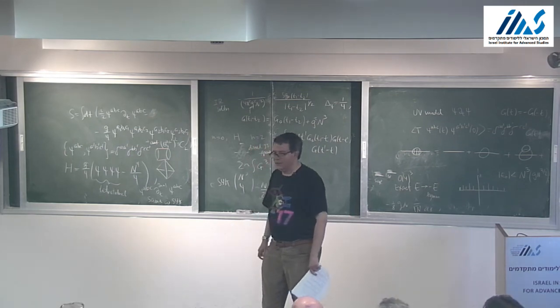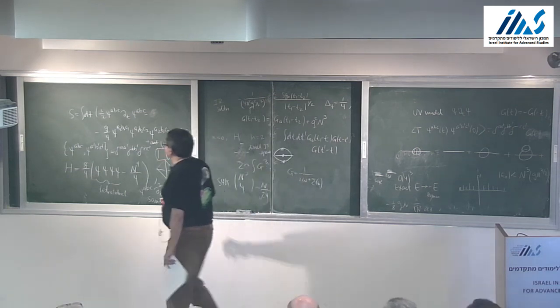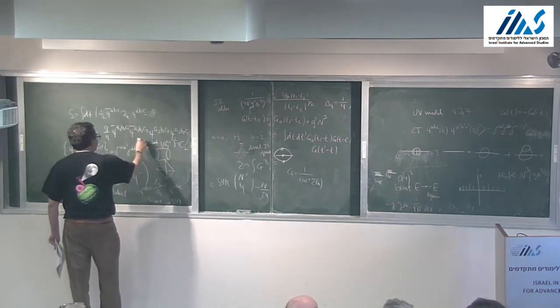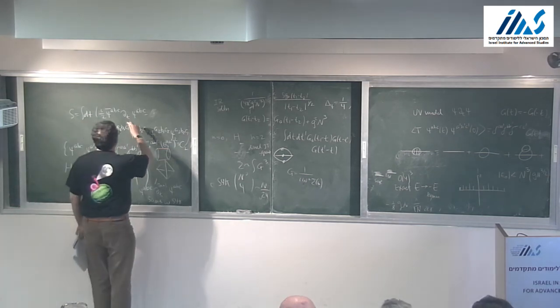Yeah, there is a complex version of the model, and I'll probably mention it briefly next time. But roughly speaking, you put 2 psi bars and 2 psis, and this model has a somewhat different symmetry structure.